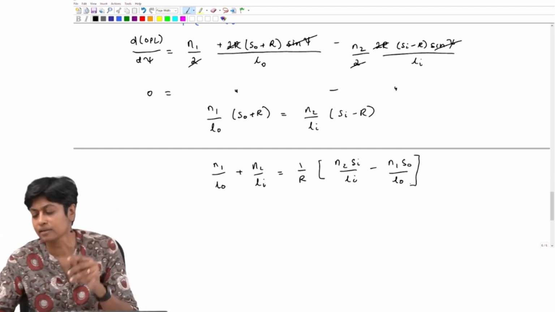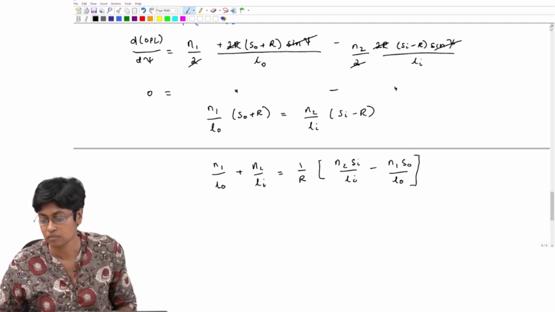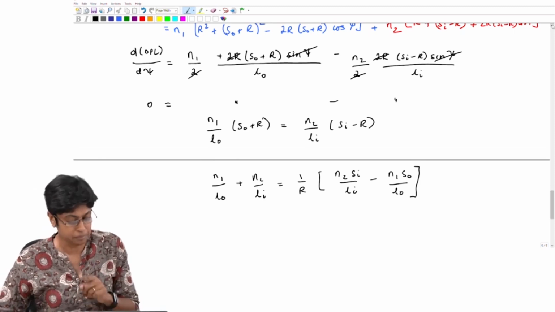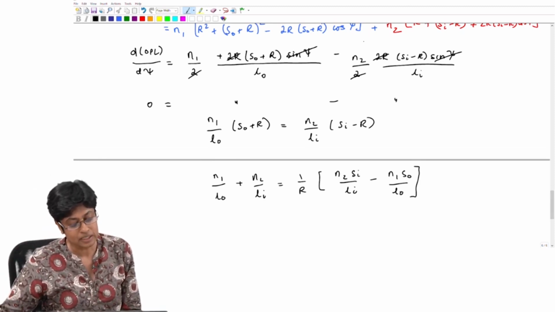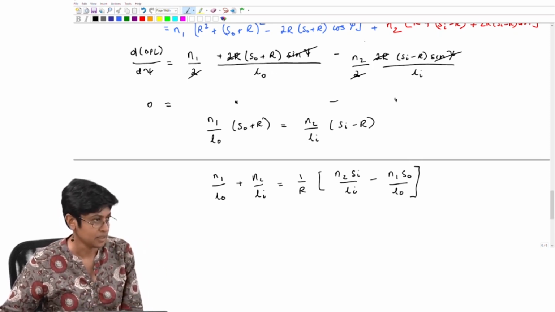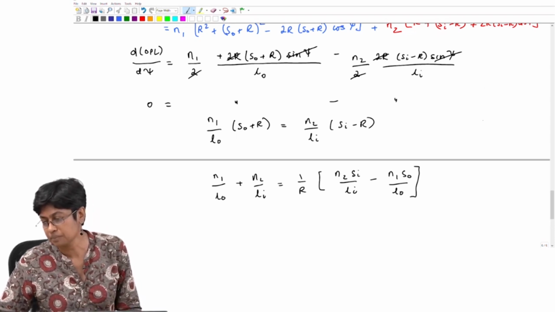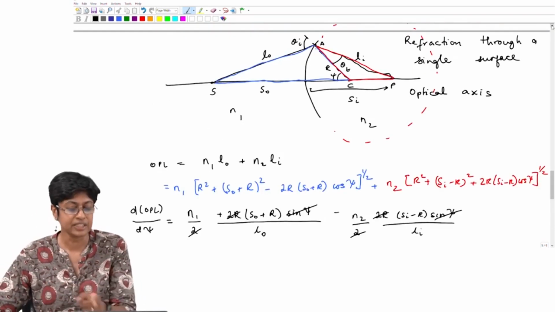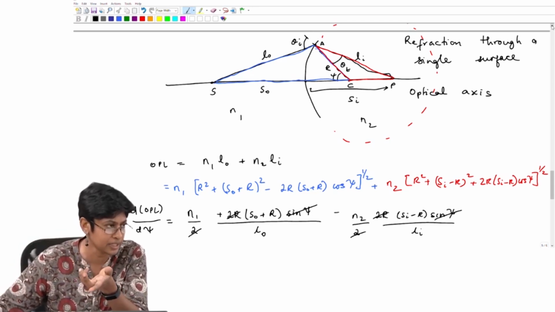And if I look back at this figure, or before I go back to the figure, if you look at this equation, it tells me every time I change the ray I trace. Now, when I change the ray I trace, what is happening? If I change the ray I trace, I am changing L naught, which means Li is changing.